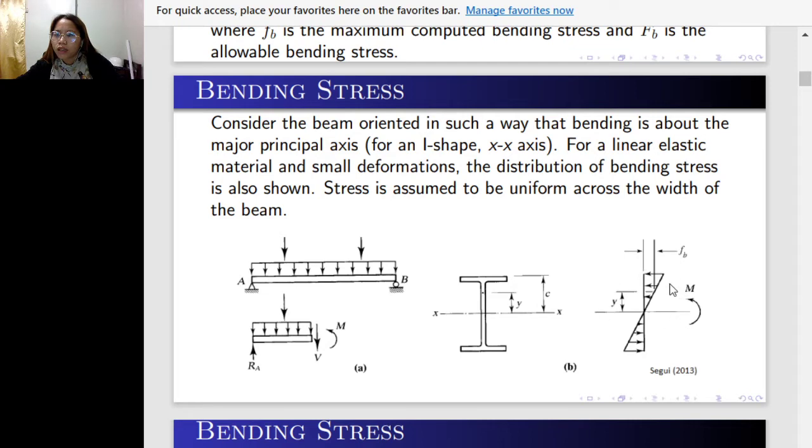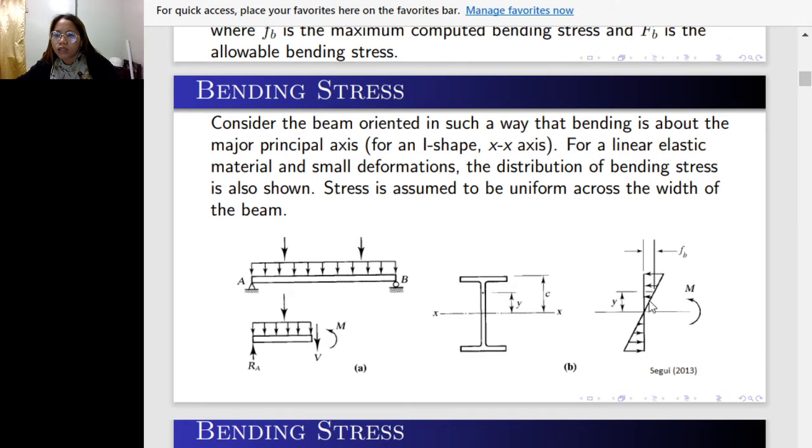This upper part, above the neutral axis, is in compression. And below the neutral axis is in tension. Now, if you remember your reinforced concrete, it is actually the same.